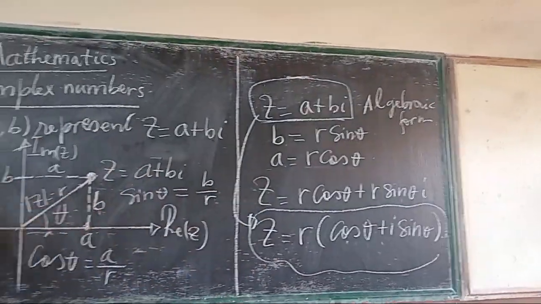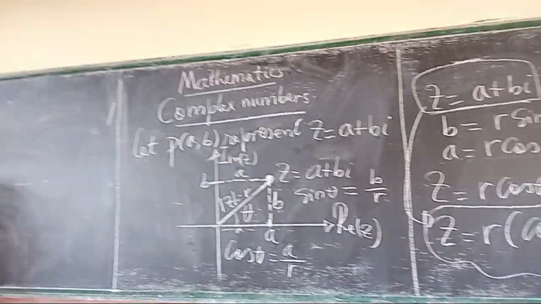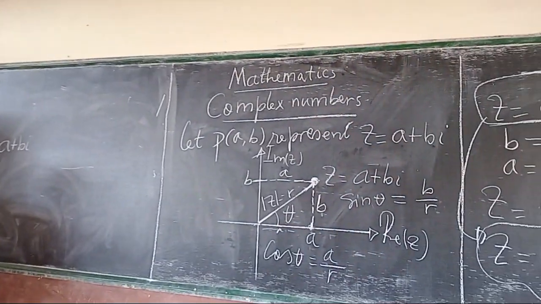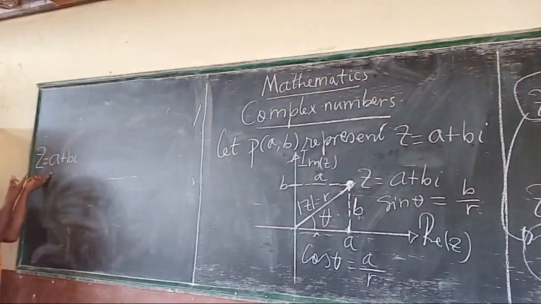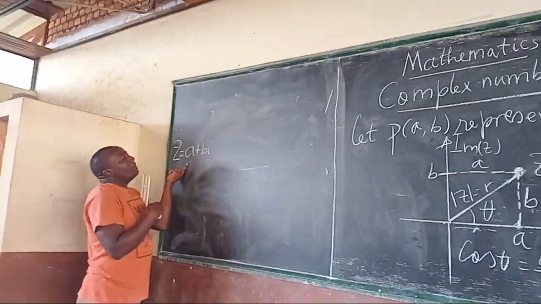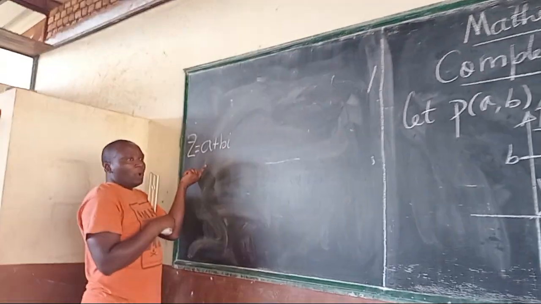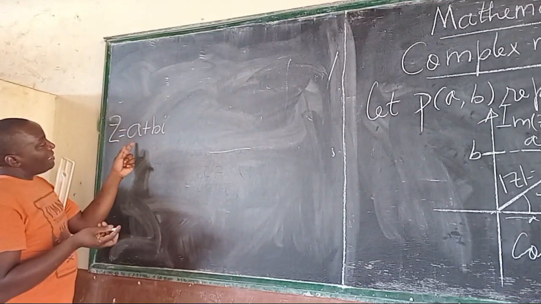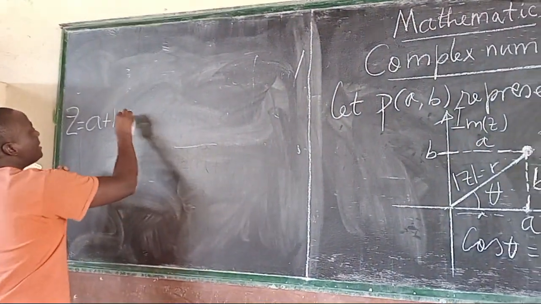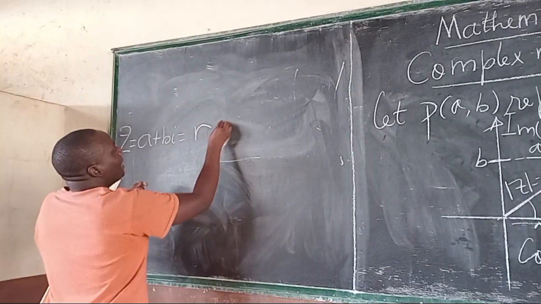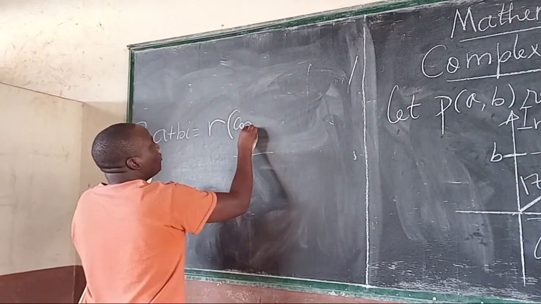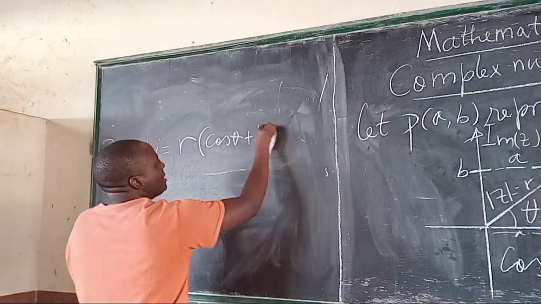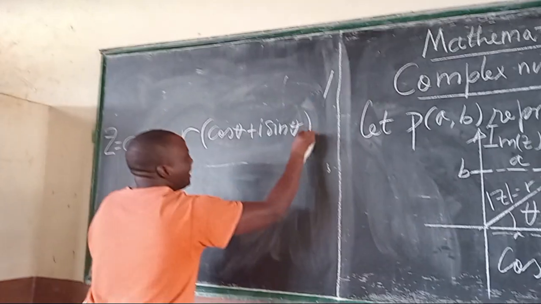Then, my given complex number Z equal to a plus bi. This complex number is expressed by using standard form, or algebraic form, or Cartesian or rectangular form. This standard form is the same as R as a factor of cosine of an angle theta plus i sine of that angle theta.